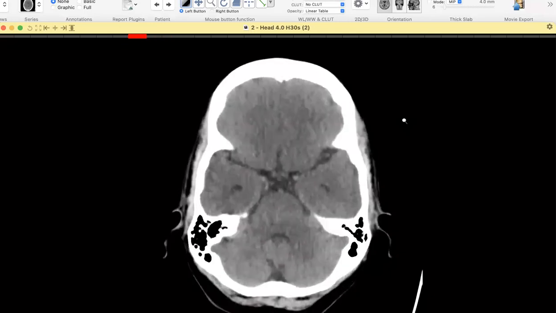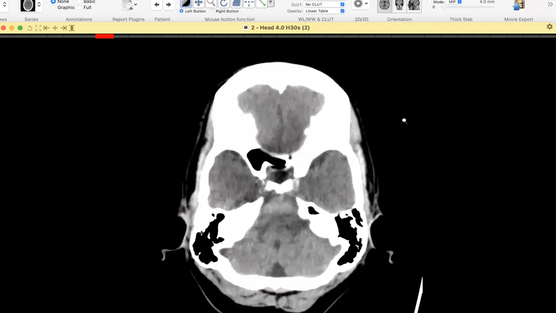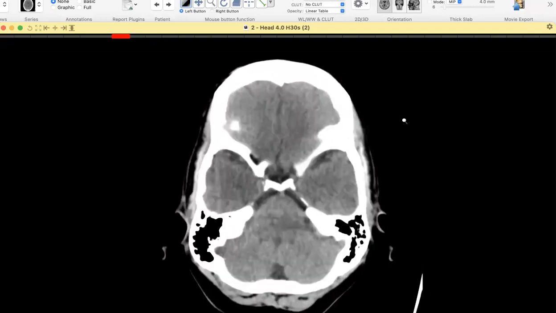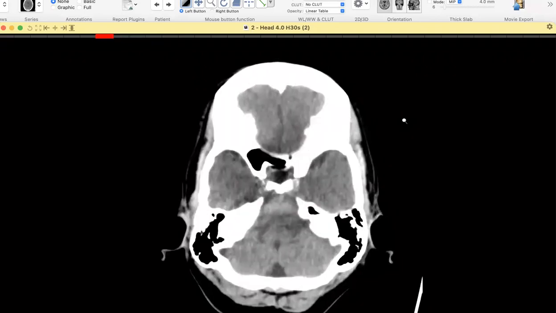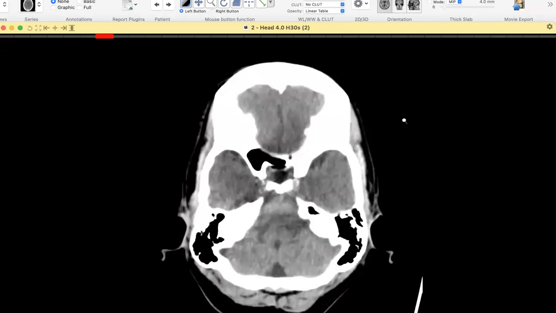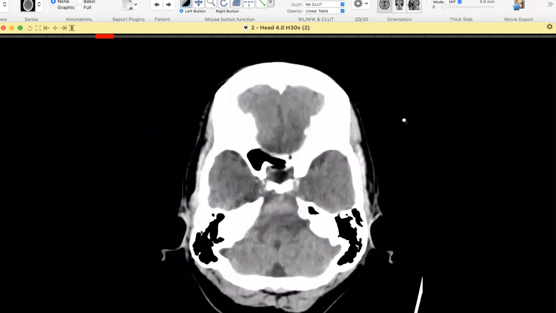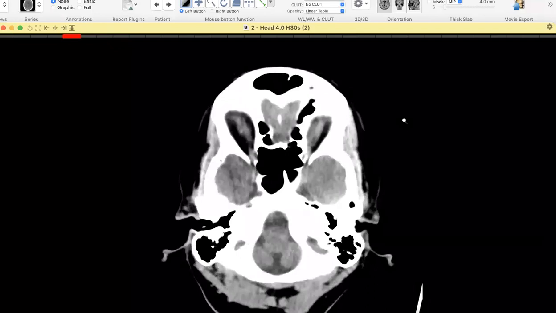However, the anterior half of the pons appears to be slightly hyperdense, and scrolling further down, there is another well-defined hyperdensity in the prepontine cistern that appears to extend into the foramen magnum.